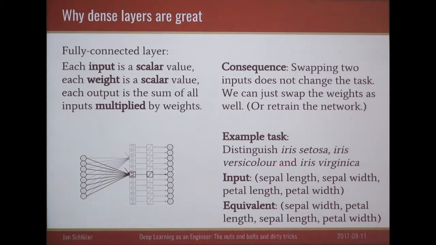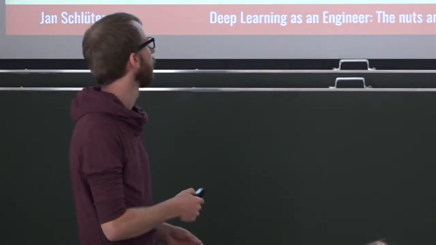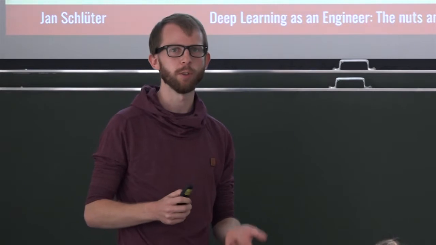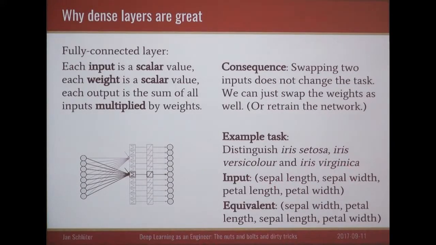So for example, if we're trying to distinguish some flowers by some measurements of the blossoms, we only have to decide in what order we want to present these measurements, but we don't have to optimize this in any way. It doesn't matter in which order we present it, as long as we do it the same for every data point. And actually the same also holds for the targets, so we don't have to decide in what order we put the targets. And that's great.